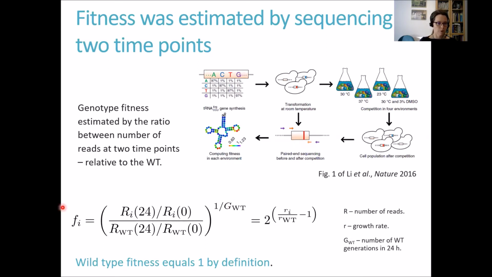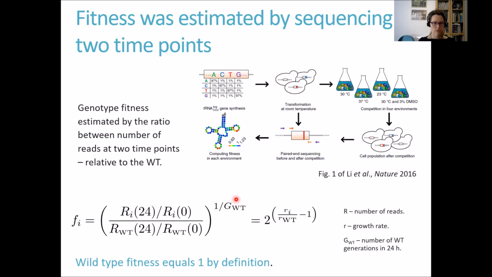The formula for calculation of fitness: the fitness of genotype i was the ratio between the number of reads of the genotype at 24 hours divided by the number of reads at time 0, relative to the wild type number of copies, to the power of G, where G is the number of generations of the wild type in 24 hours.